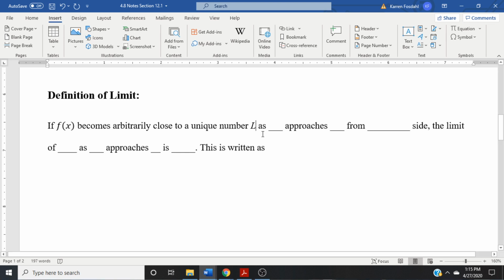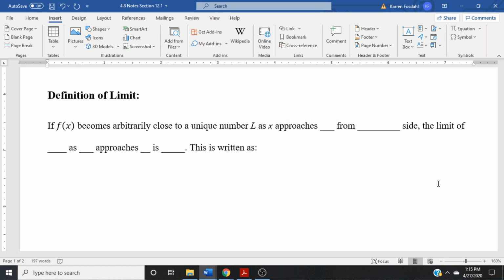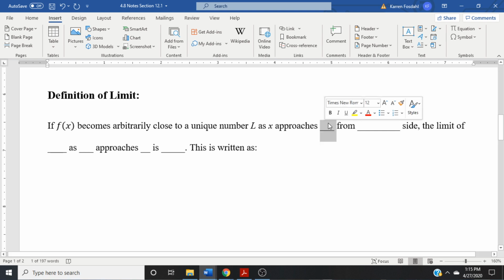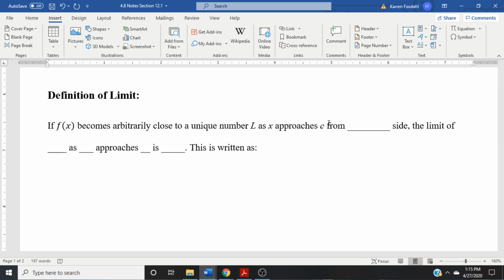So if f of x becomes, as x approaches some number c from either side. So this has to be either side.